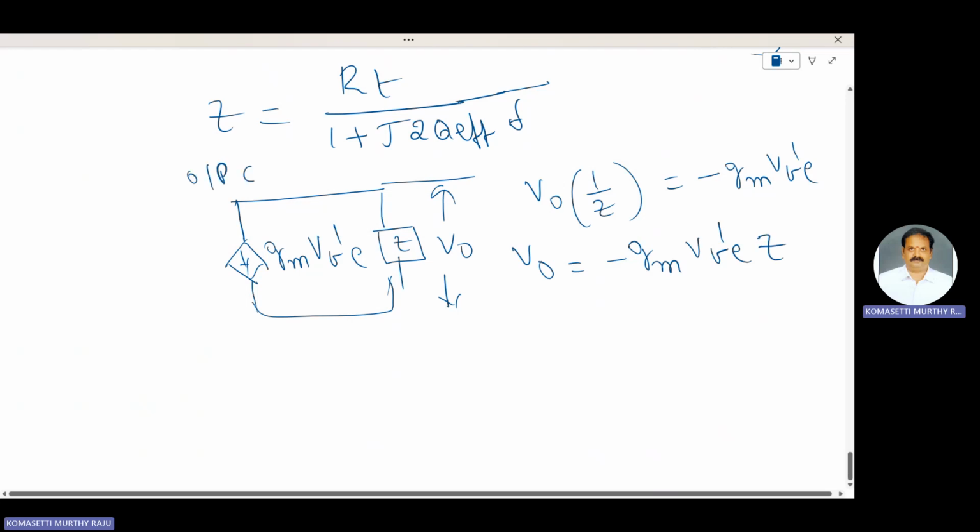Consider this one is the output circuit.